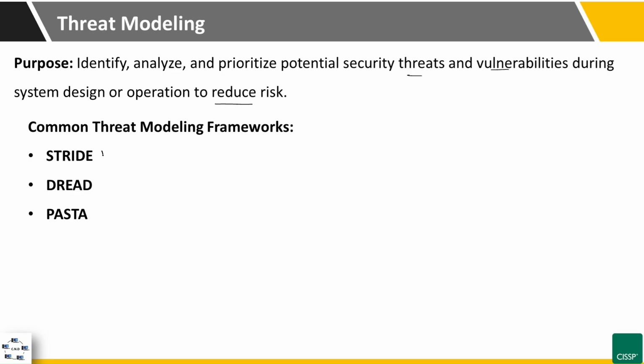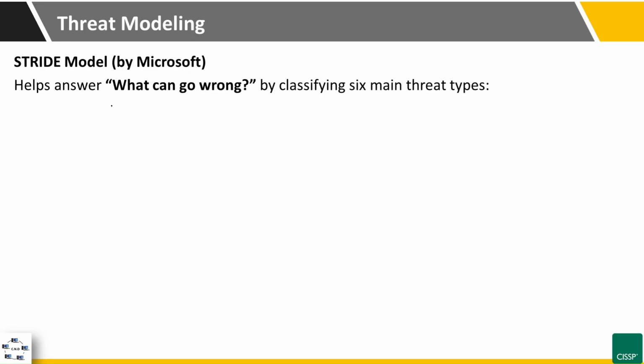The threat modeling frameworks include STRIDE, PASTA, and others. We will go through all these one by one. What do we mean by them? How are they used? These are important. You should remember the abbreviations of these threat models as well as how they are used and what they mean. Let's start with the first one, that is STRIDE.